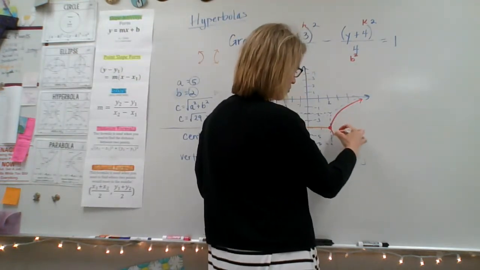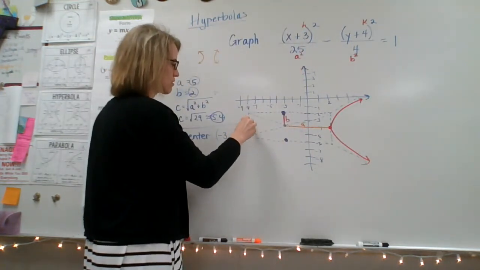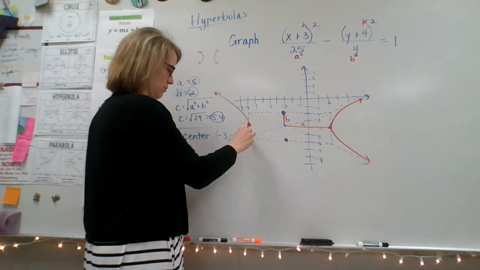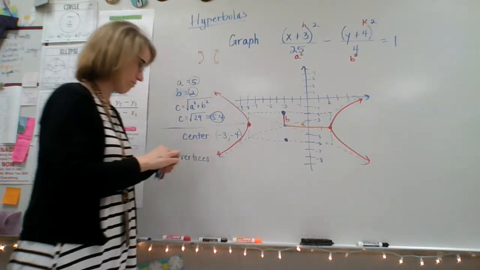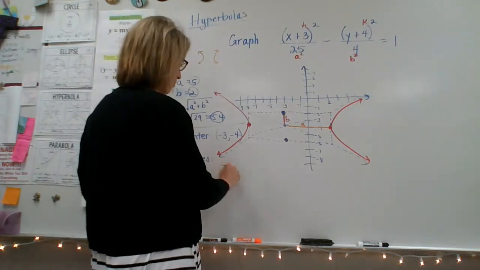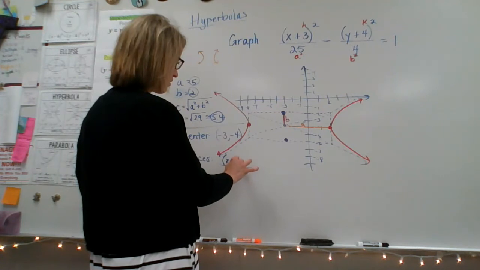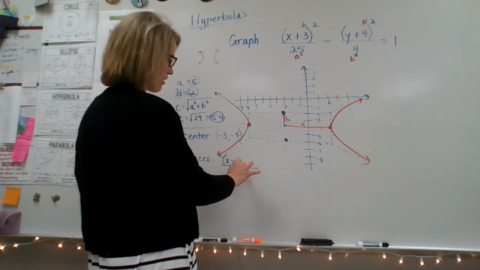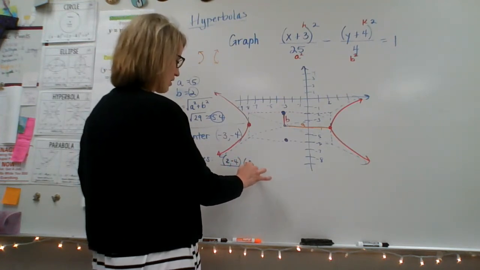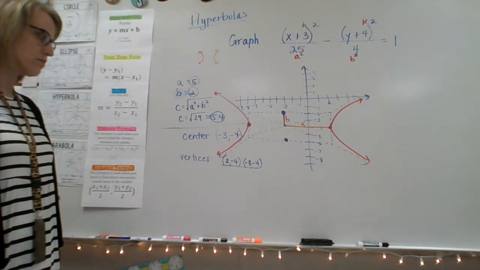We're going to keep it between those asymptotes on both sides. Here's another vertex. Keep it between the asymptotes as best as you can. All right, so in terms of coordinates, we can just look at the grid to identify those. It looks like one of them is going to be at (2, -4). And then the other one is going to be at (-8, -4). Okay, so those are the vertices.